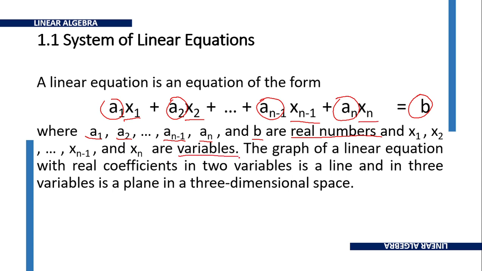As mentioned earlier, they are arbitrary, so we can use any symbols, as long as the variables do not share the same assignment; they must be different from each other. Also, a graph of a linear equation with real coefficients in two variables is a line, while if the linear equation has three variables, it is a plane in three-dimensional space.